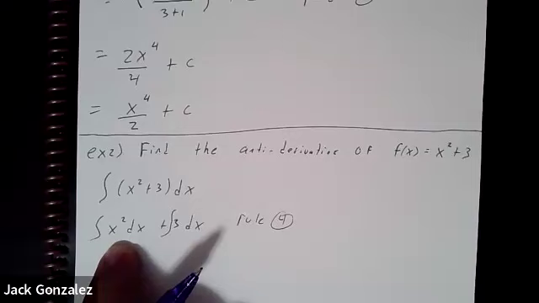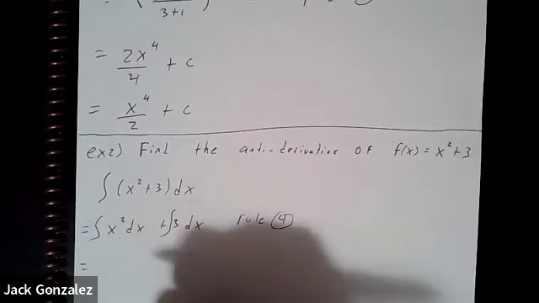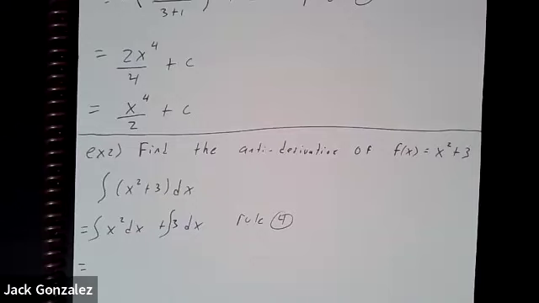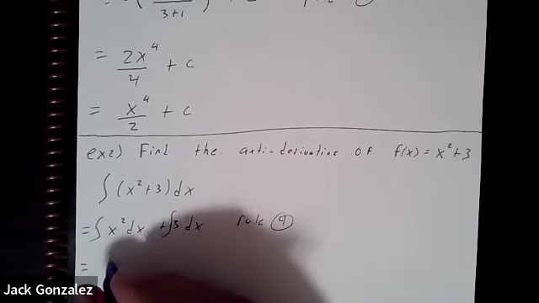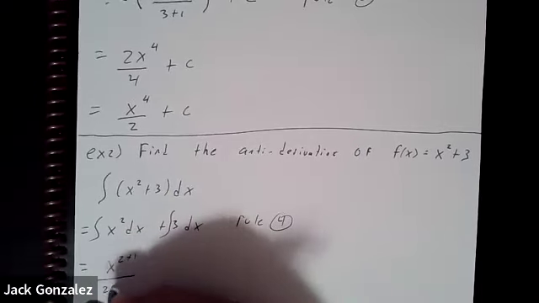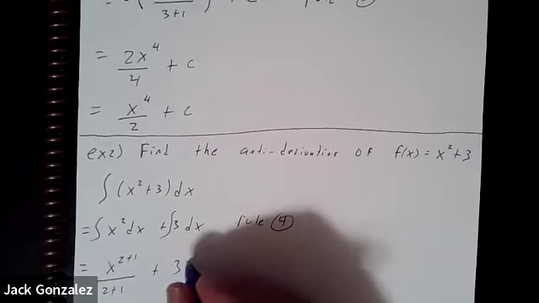The first one. Yeah, exactly, right? You just do the power rule. 2 plus 1 over 2 plus 1. And then this will become 3x.